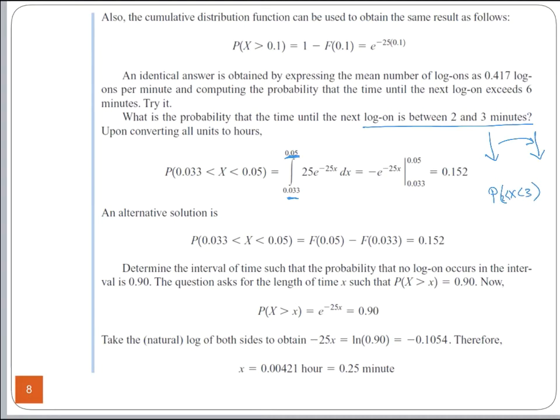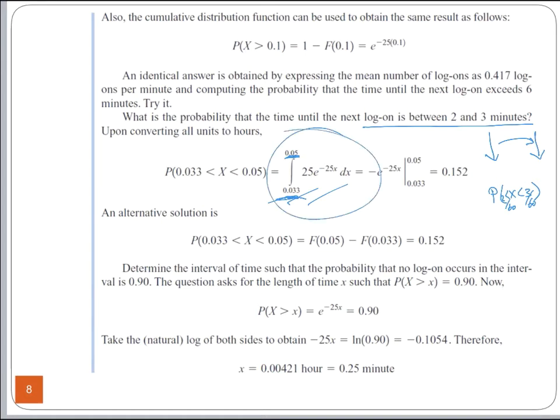You can either solve this by dividing by 60 and working in hours, or as done in the example here, convert everything to per minute and solve. The example here uses the hours directly. So x greater than 2 over 60, less than 3 over 60.